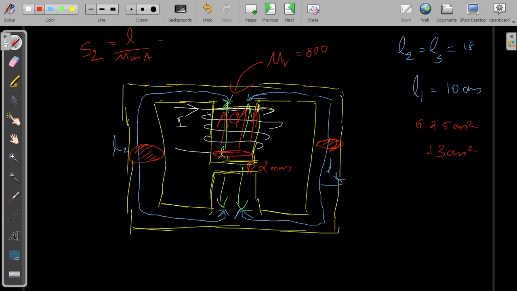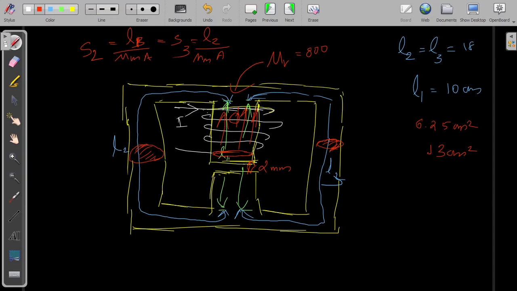So S2 will be equal to S3, equal to L2 divided by mu m A. The reluctances offered by these two paths are the same.